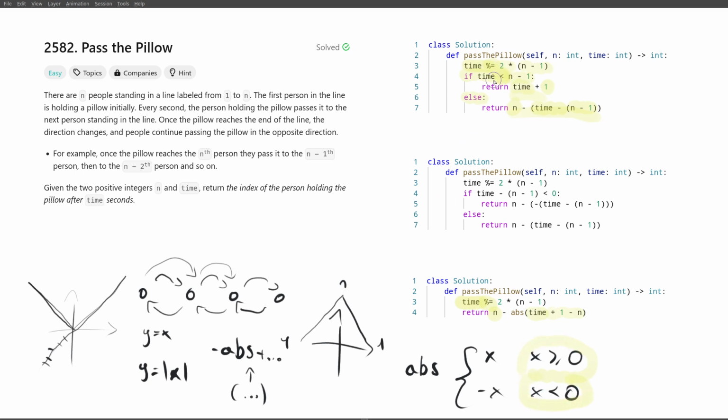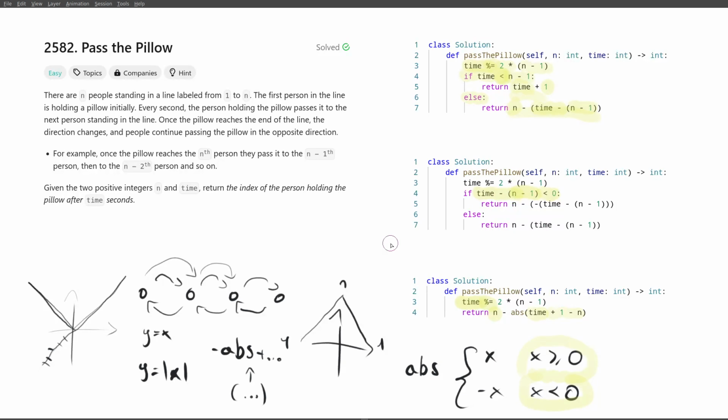So here we compare time less than n minus 1. Simple transformation. Time minus (n minus 1) taken together is less than 0. That's the same thing that we've written above. And now we can use the absolute value of time minus (n minus 1) to get rid of that if.